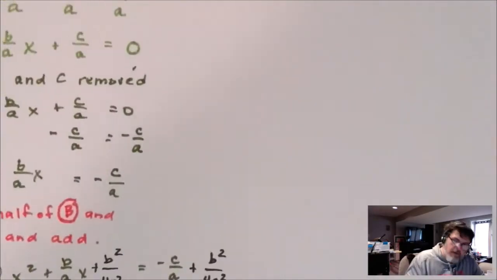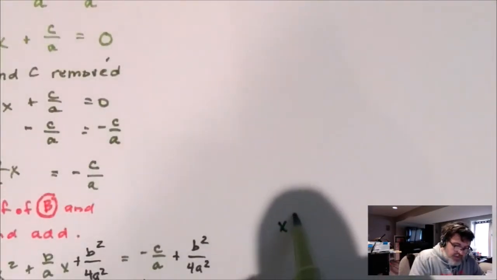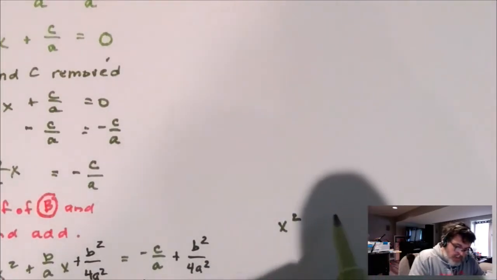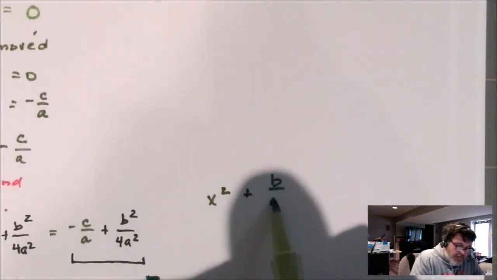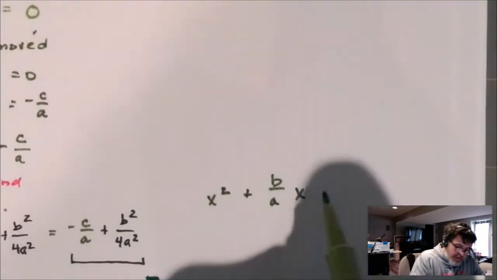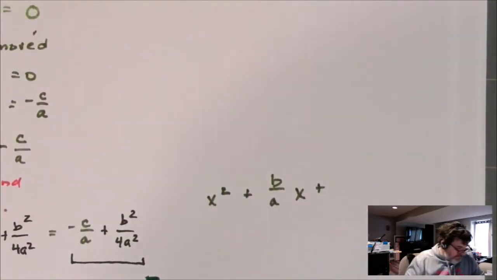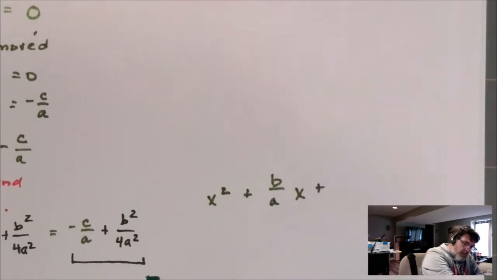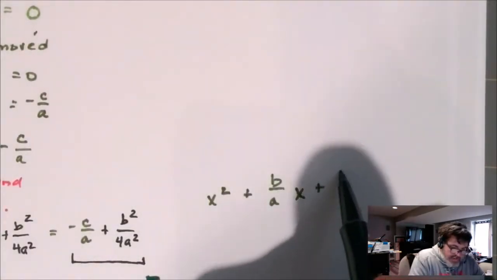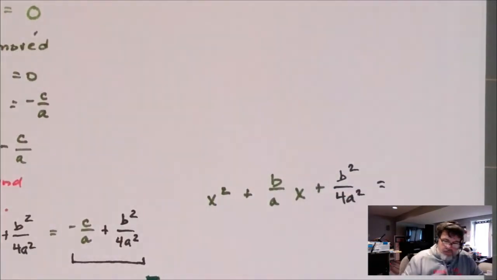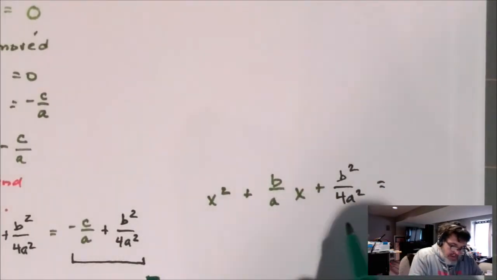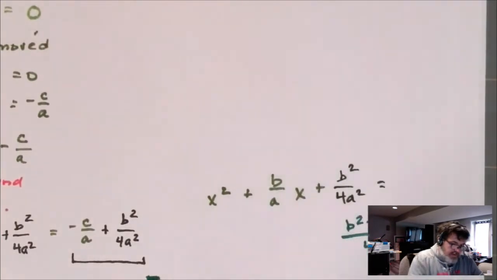So I have x squared plus b over a x plus, this isn't all going to fit, this is kind of bad by me, and I'm going to go with black, b squared over 4a squared, that is equal to b squared minus 4ac all over 4a squared.